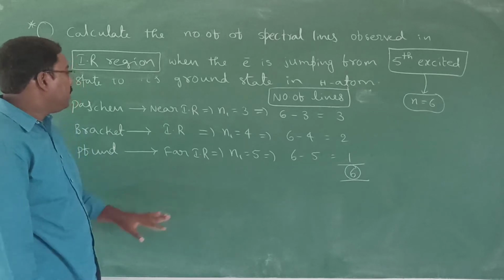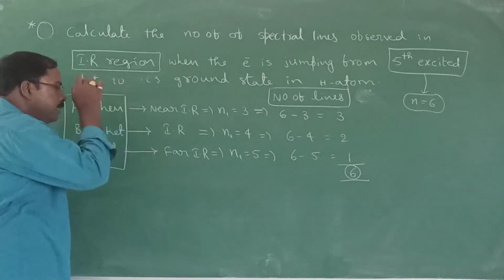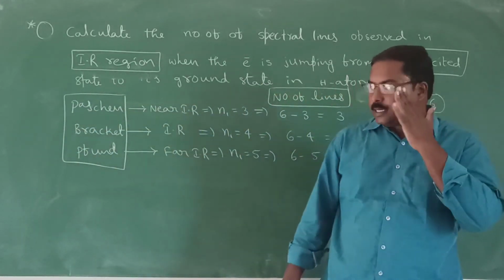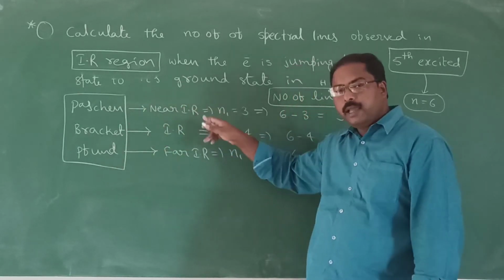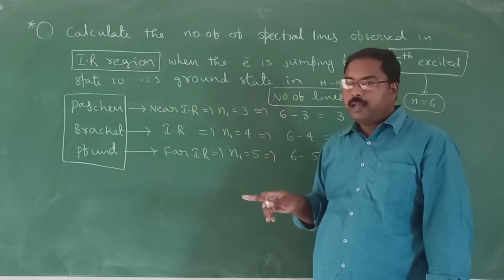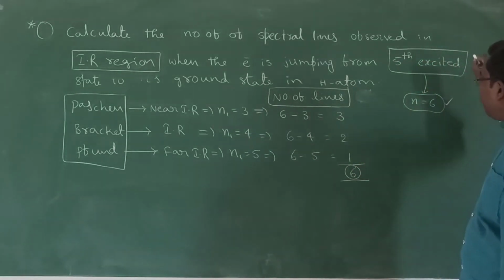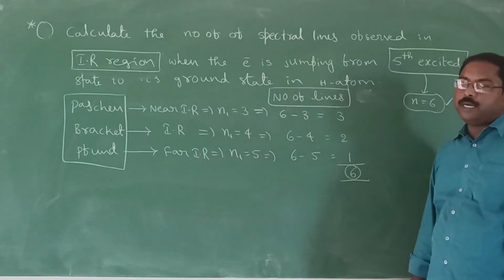The first thing we need to focus, we should have clarity why I have taken these three regions. Because infrared region means all these series of lines will be observed in infrared region. Then second thing we need to focus why I have taken n equals to 6. About that in the previous question we discussed.